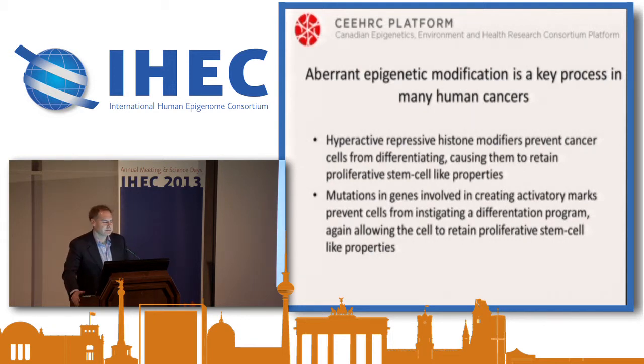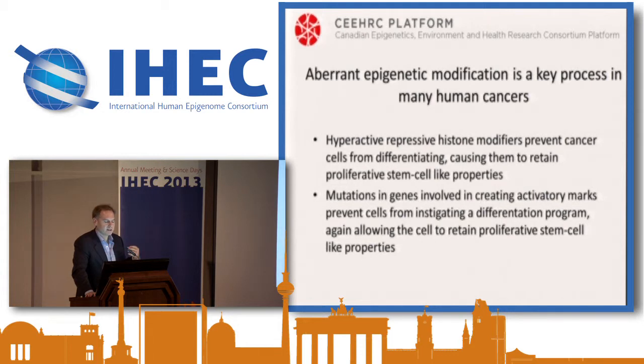In that disease, a common feature is hyperactive repression across many tumor types, at least in lymphoma. What the repression does is stop terminal differentiation pathways and keep these cancer cells in proliferative, stem cell-like states.